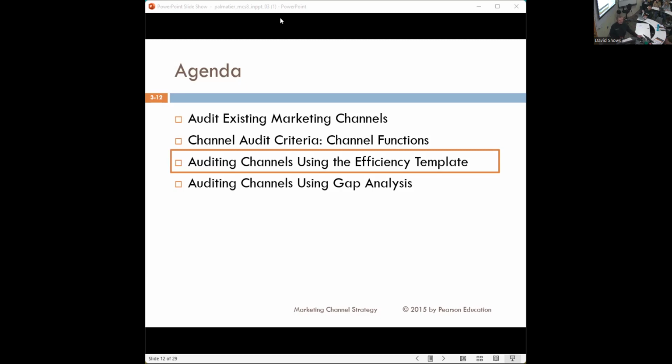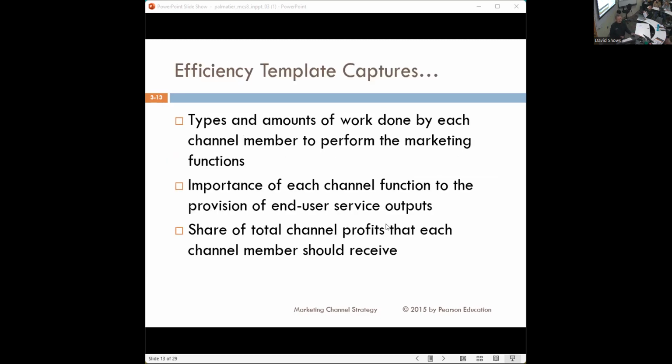It tells you the type and the amount of work done by each channel member. It does even one thing more. It defines the importance of what each channel member does, and then gives us a true understanding of the value that that channel member brings.